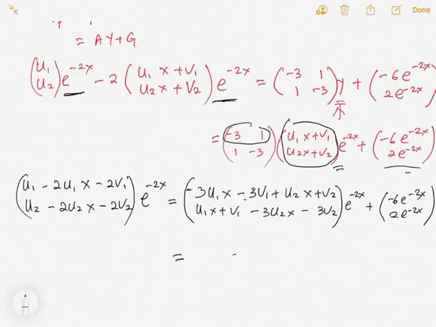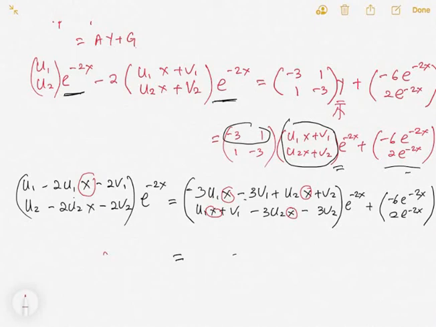Class, if you look at here, you have u1, negative 2u1x. Let me use different color. If you look at here, actually this one is the x. We don't want the x inside the equation. So this one also has x, x, x, so we can take it out. We can separate into two.